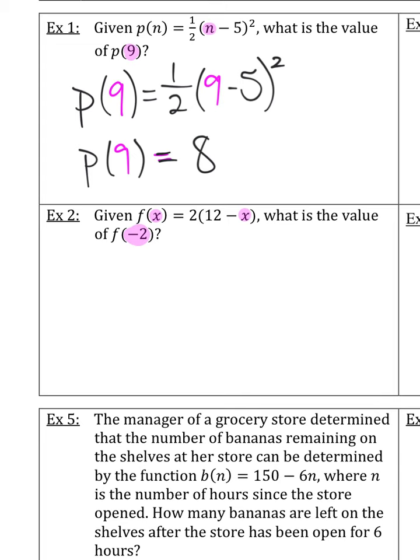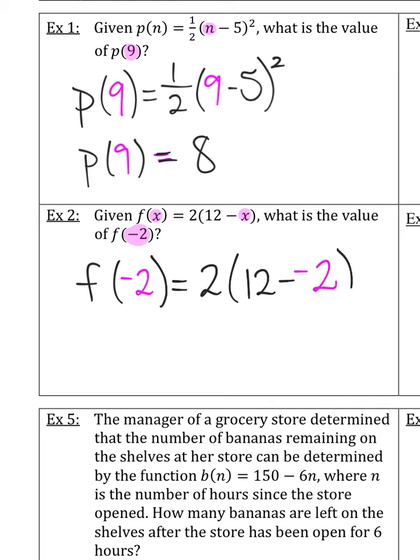So let's rewrite our equation first so that we can all be on the same page and we know exactly what we're going to put into Desmos. We have f of negative 2 is equal to 2 times 12 minus negative 2, close parentheses.